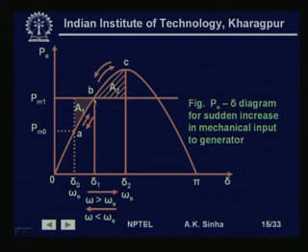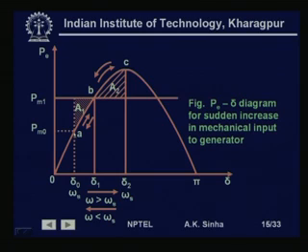So, there is acceleration, and since the speed is less than synchronous speed at this point, that speed will keep on building, and at this point again the speed will become equal to the synchronous speed, but again since we have less electrical output than the mechanical input, because of the accelerating power available, delta will keep on increasing, the speed will keep building, and as we have seen, we are going to have a sustained oscillation between point A and C.